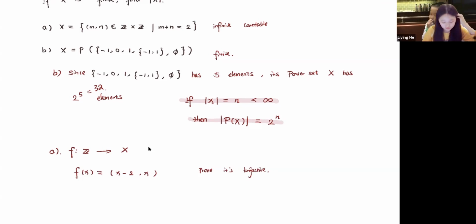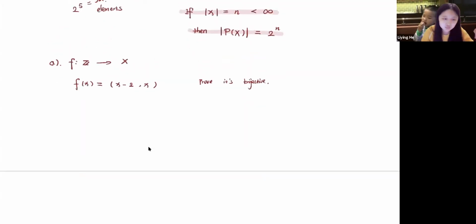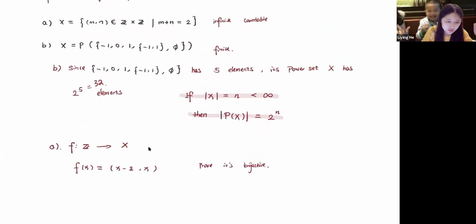So here is a question. Oh, for that question, yes. If we plug in 4, we get 6. What do you mean, plugging in 4 gets 6? Yeah, you plug in 4, then 4 minus 2 is 2.